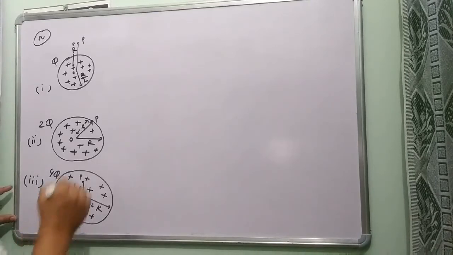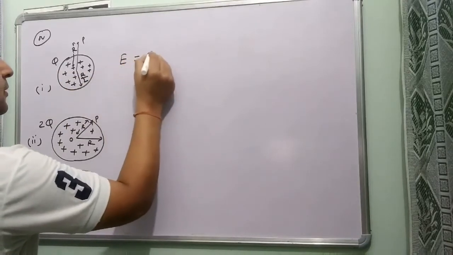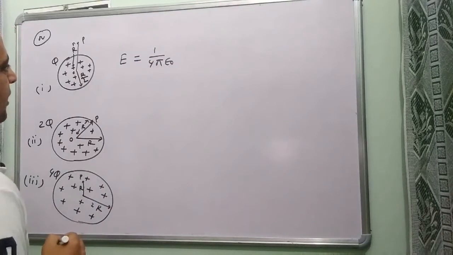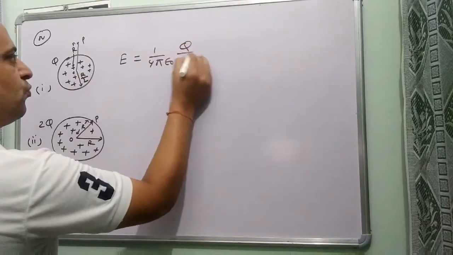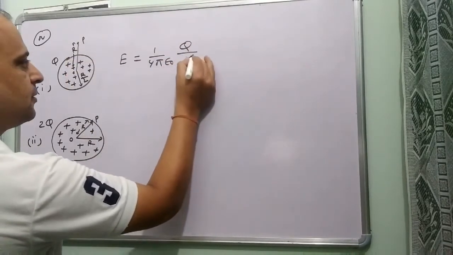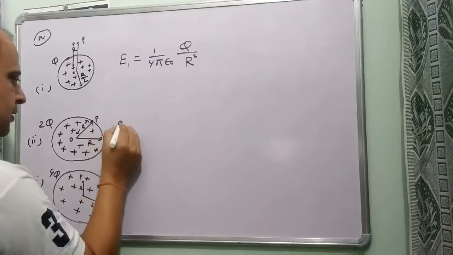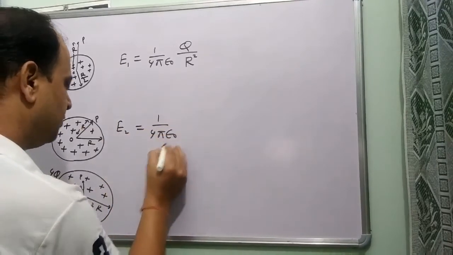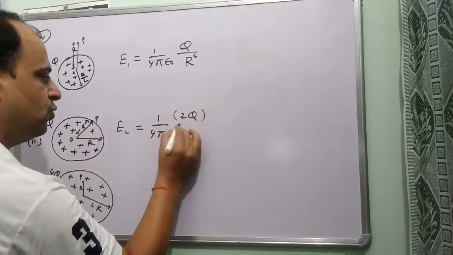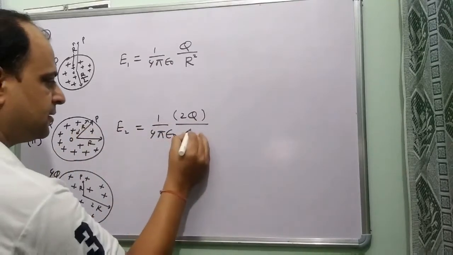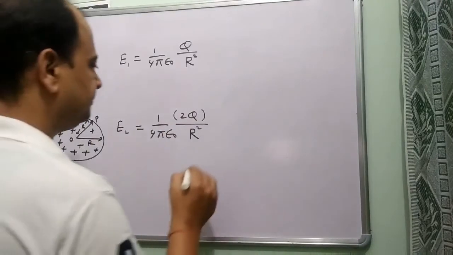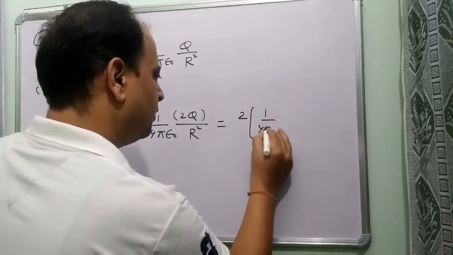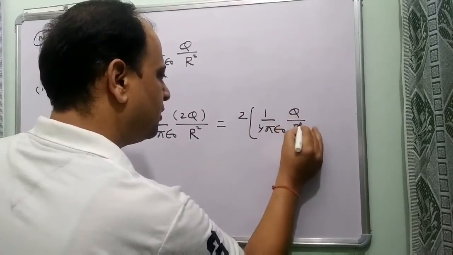Now from the formulas, outside the sphere the electric field is 1 upon 4 pi epsilon naught Q upon r square. So the charge is Q and the distance is capital R. This will be E1. E2, on the surface, second case: 1 upon 4 pi epsilon 0, charge is 2Q upon radius R square. Now this equation is 2 into 1 upon 4 pi epsilon 0 Q upon R square.